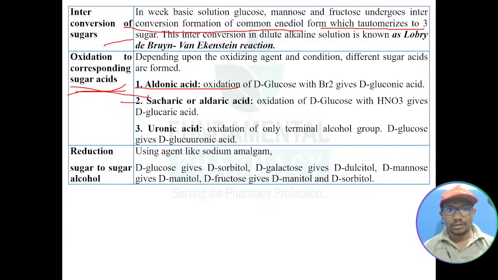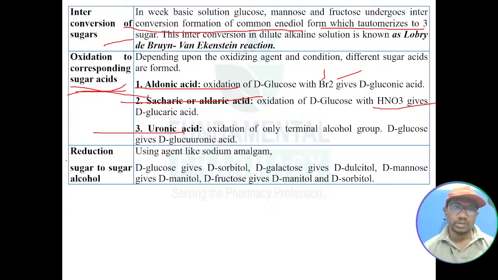Then saccharic or aldaric acid, by oxidation of D-glucose with nitric acid. If it reacts with bromine it will give gluconic acid, with nitric acid it will give aldaric and saccharic acid. And if the terminal alcohol group is oxidized, that will give you uronic acid.